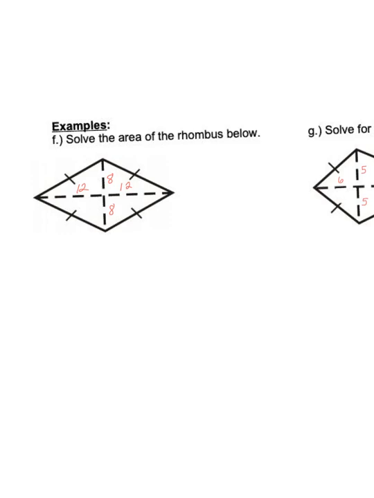So let's try a few problems. Here I gave you some more information. So I have A equals this full diagonal, the longest one, which is 24, times my shorter diagonal, which is 16, divided by 2. I get an area of 192 units squared.